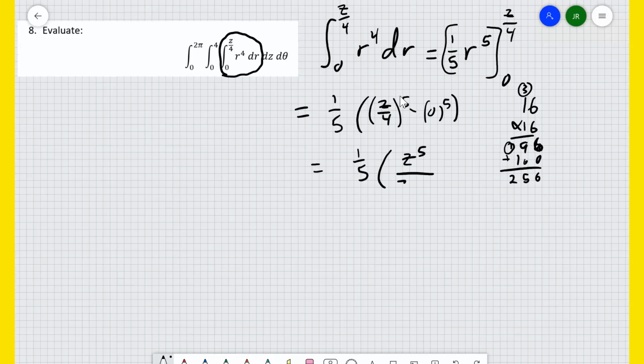Oh, and then I got to multiply that times another 4 because it's 4 to the 5th. 4 carry 2, 20, 22, carry 2, 9, 10, 10, 24, 10, 24.